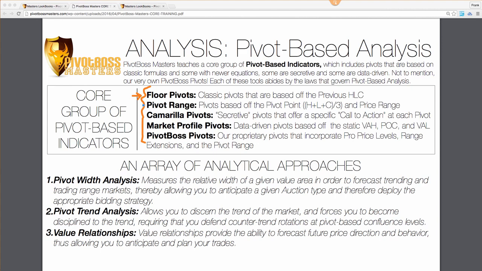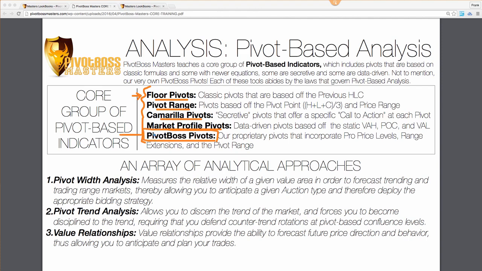What's great about Pivot Boss pivots, and we'll talk about that when we get to the proprietary training portion, is that I created those after having experienced all the other various pivots. And so I understood how this one worked. I understood this one and this one and this one. And so having understood all of those, I came to a determination that the best way to approach it is probably in this manner.